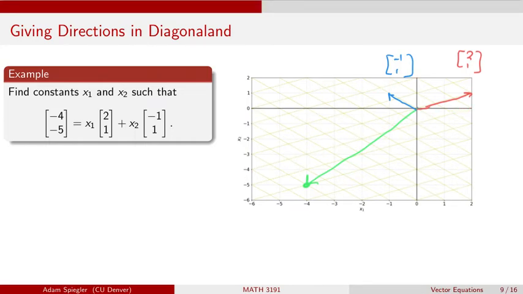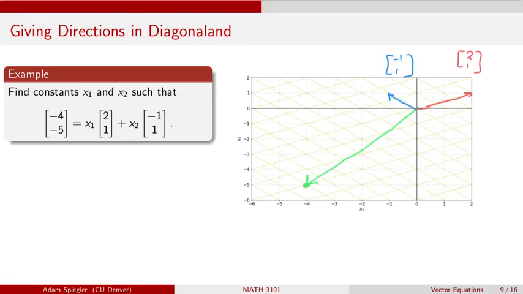So I'm going to think about all of my blocks either move parallel to this direction, or we can move parallel to the direction of minus 1, 1, which is this vector that I drew in blue. So I have some streets that are parallel to the blue vector, and my other streets are parallel to the red vector. And I want to think about how can I move some distance in this direction, some distance in that direction, and wind up at minus 4, minus 5.